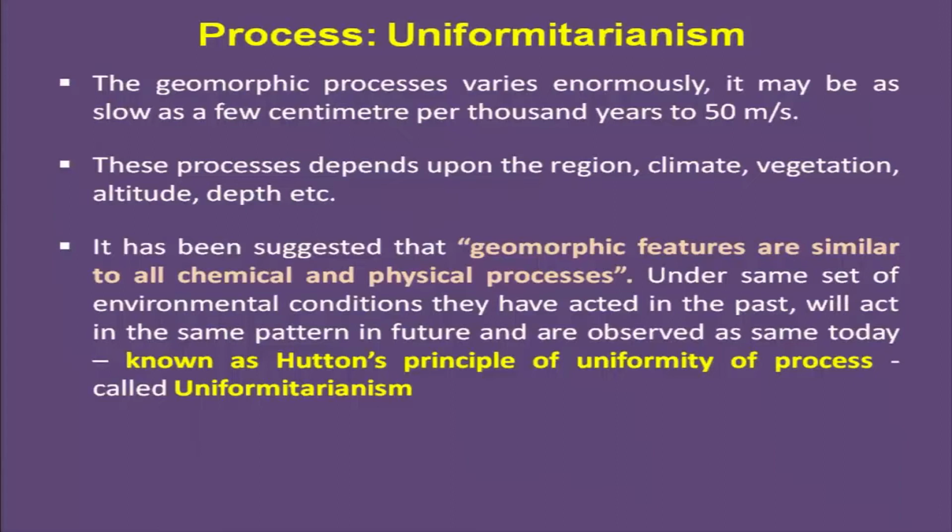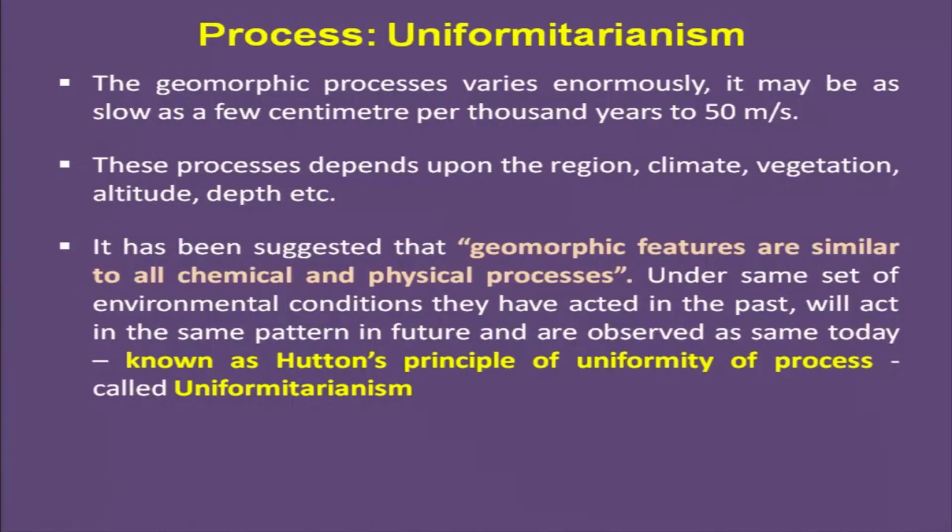Now it has been suggested that geomorphic features are similar in all chemical and physical processes. Under the same set of environmental conditions they have acted in the past, will act in the same pattern in the future also, and are observed the same today. So basically this statement says that the processes ongoing today or in the past are more or less the same.